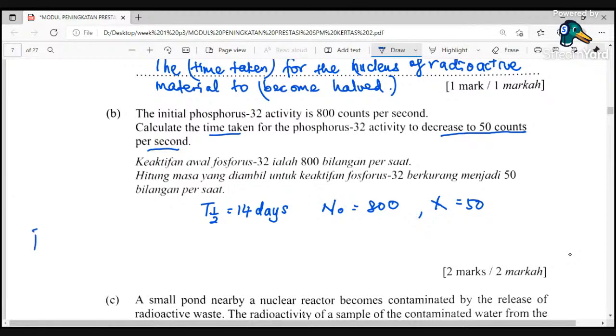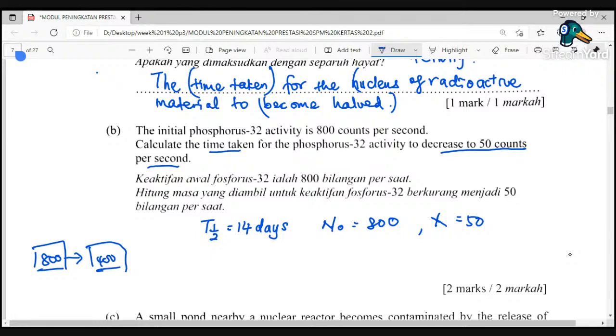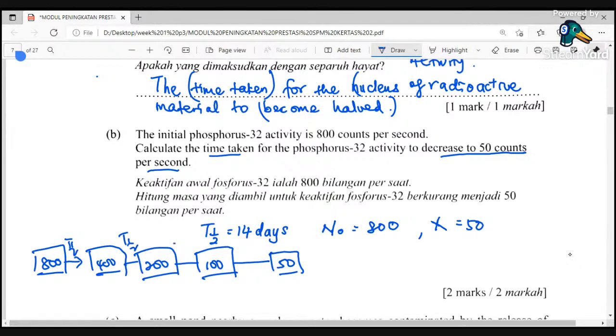Kalau you nak buat satu-satu pun boleh, tapi panjang lah. 800 become 400, one half-life, 200, another one half-life, 100, another one half-life, 50. So ada berapa half-life ni? 4 half-life.